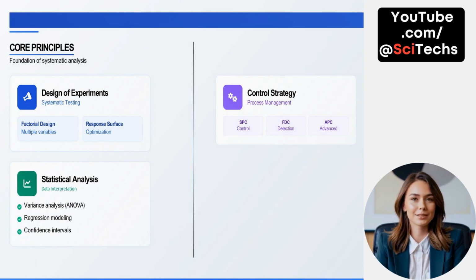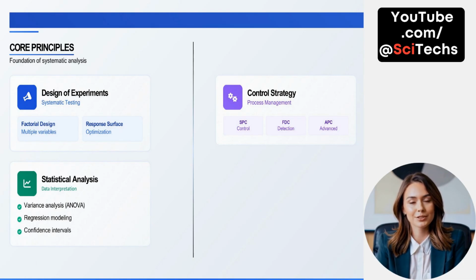Response surface methods help map out how changes in process inputs affect outputs, leading to optimal performance. Statistical analysis supports data interpretation and decision-making. Tools like analysis of variance, ANOVA, help identify which factors significantly impact outcomes. Regression modeling provides predictive insights, while confidence intervals define the reliability of measurement results.